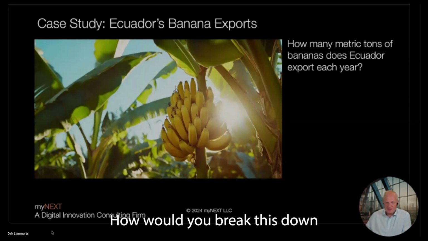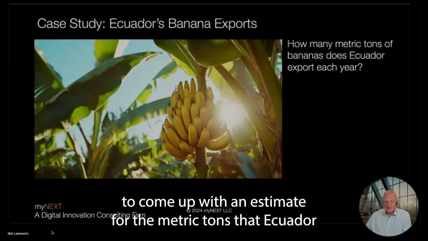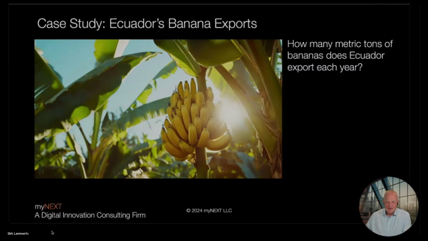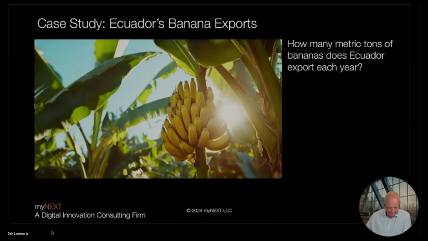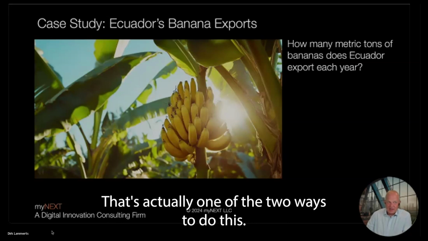How would you break this down to come up with an estimate for the metric tons that Ecuador exports in bananas each year? Agricultural land area, that's actually one of the two ways to do this.